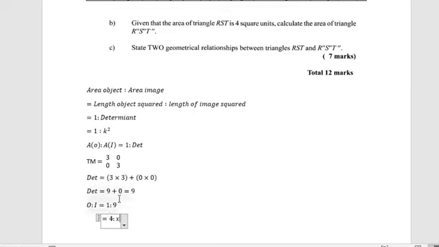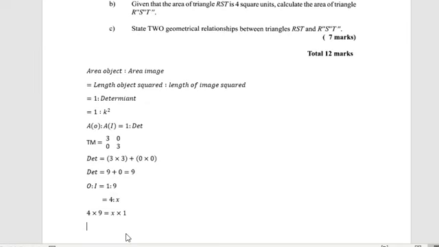So we have 4 multiplied by 9 and x multiplied by 1. So 4 multiplied by 9 is equal to x multiplied by 1, and we can now go ahead and solve for x. 4 multiplied by 9 is 36, and x multiplied by 1 will basically be 1x or x, and our answer for the area is therefore 36.